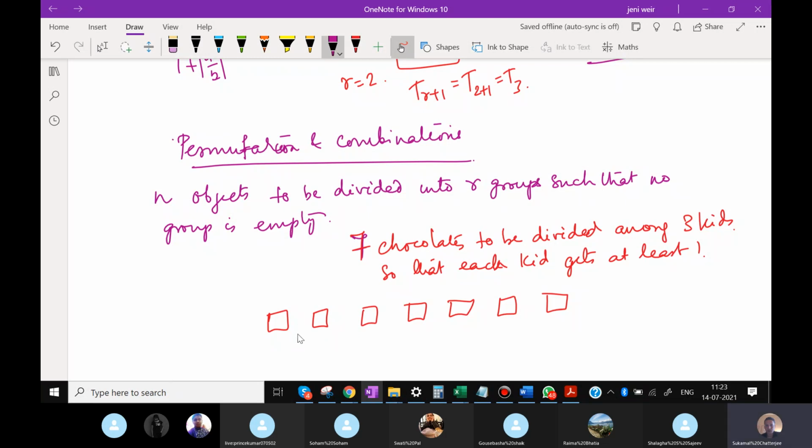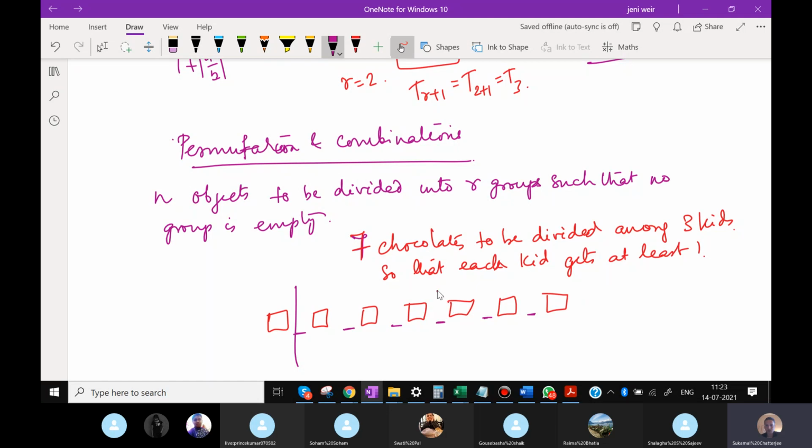So that means I will look at how many spaces are there. If there are 7 chocolates, then there are 6 spaces between them, right? And I will take a stick or a ruler, and I can put that ruler in any of these 6 vacant spaces. So suppose I put it here. The next one, I can put in any of the 5 remaining spaces.